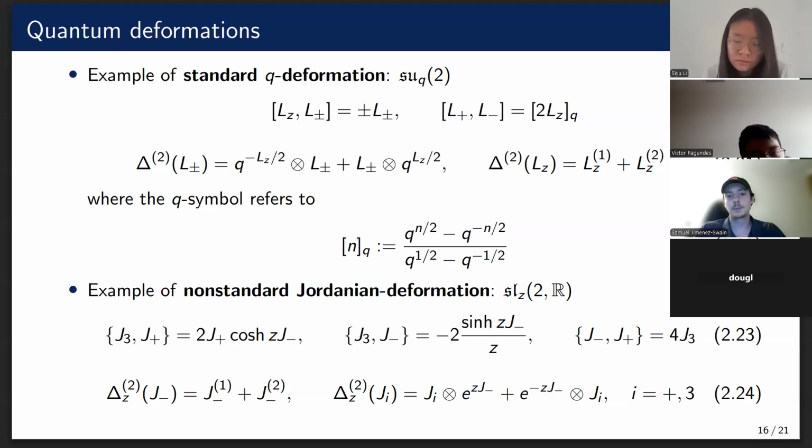But not only are the commutation relations deformed, we also deform the coproduct map in 2.21 by this same factor of Q. And it's important to note that this algebra is deformed in such a way that if we take Q equal to 1, we return the original algebra. And so this is actually a deformation of the universal enveloping algebra of SU2.